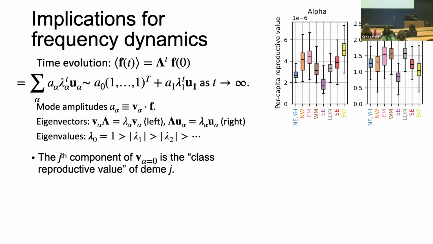One is that from this analysis, you can determine something which in evolutionary biology would be called per capita reproductive value, like how inherently infectious different populations are. And it turns out we didn't see a lot of difference, at least within waves, between the different regions, at least within the error bars. Reproductive values were kind of constant.